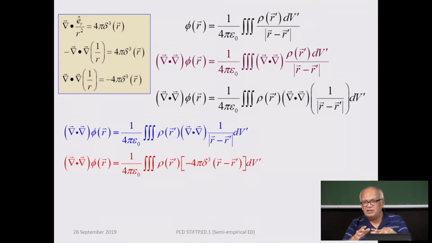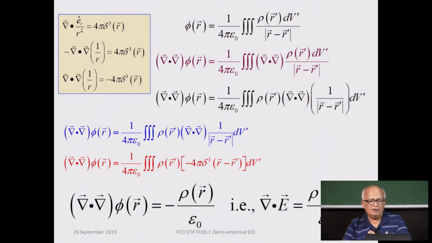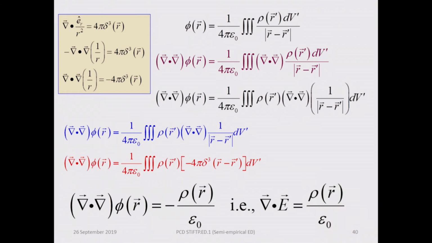And when you carry out this integration with the Dirac delta, only the value of the other factor in the integrand at r equal to r prime survives, all the others make 0 contribution, and you recover the Coulomb-Gauss law without any problem. So notice that this is very simple, but the Dirac delta integration plays a fundamental and important role.